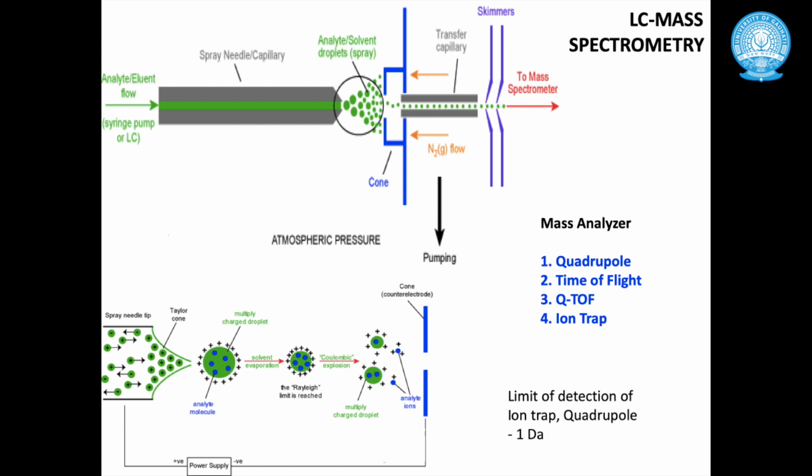For example, APCI, atmospheric pressure chemical ionization, is one. Then ESI, electrospray ionization, is another. And similarly, MALDI is also another method of ionization for biomolecules like proteins. MALDI is matrix assisted laser desorption ionization. So there are different methods of ionization.